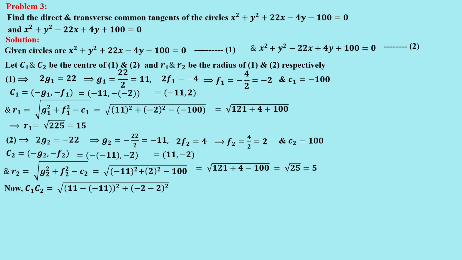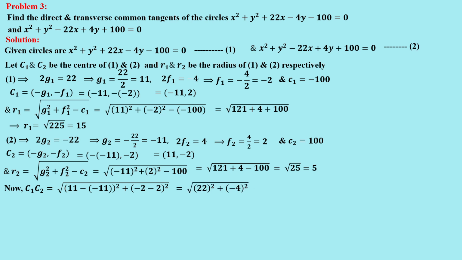Now the distance between the center of the first circle and second circle, that is C1C2, is equal to, using the distance formula, root of x2 minus x1 the whole square plus y2 minus y1 the whole square. Here x1, y1 is the first circle center, that is minus 11, 2, and x2, y2 is the second circle center, that is 11 comma minus 2. So 11 minus minus 11 square plus minus 2 minus 2 square.